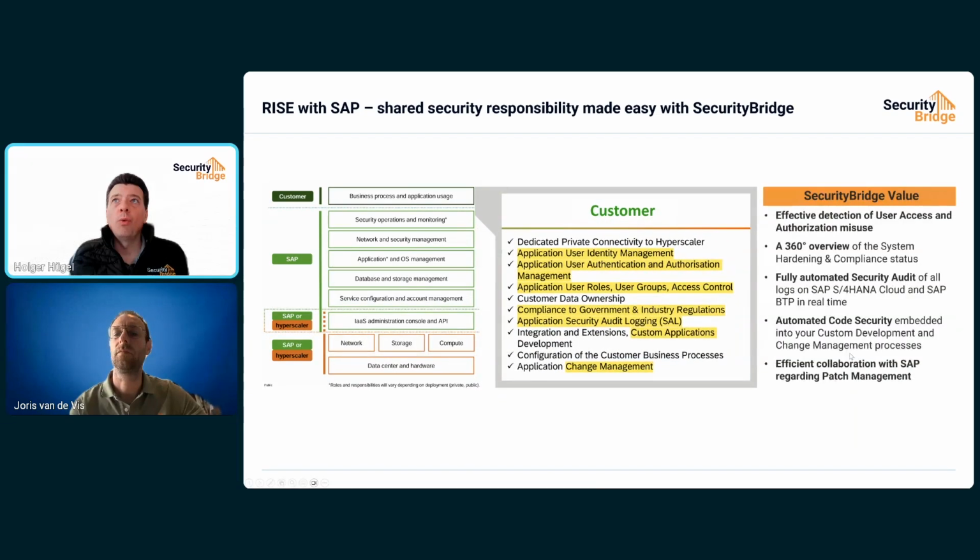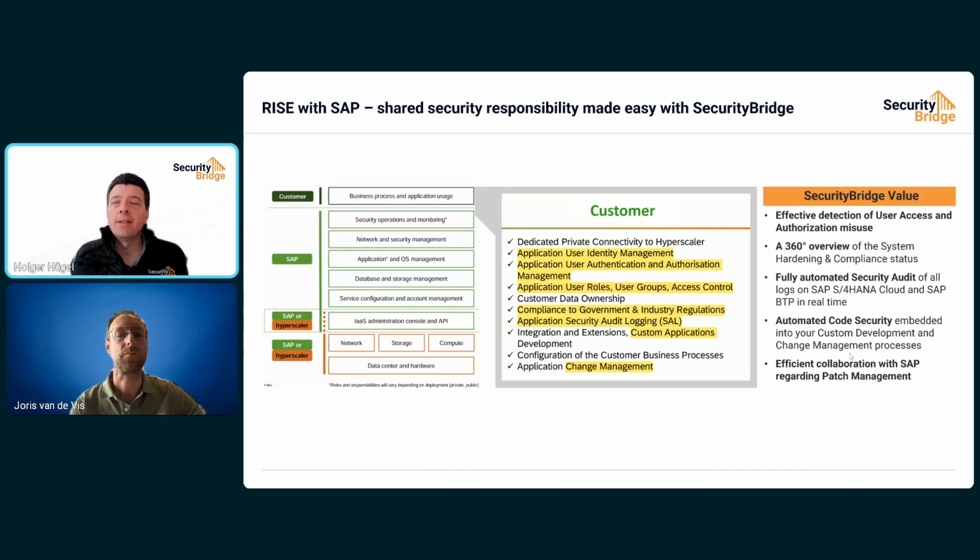So looking at how SecurityBridge can help you there, we want to point you to these 5 main things. The first is the user access and authorization misuse. To detect those things is very important these days.